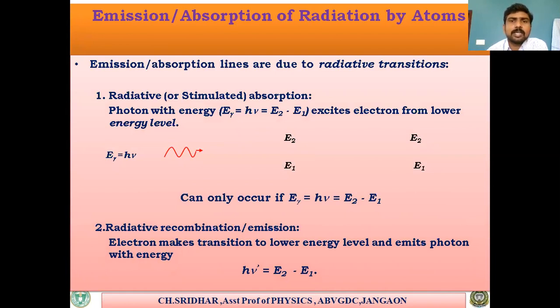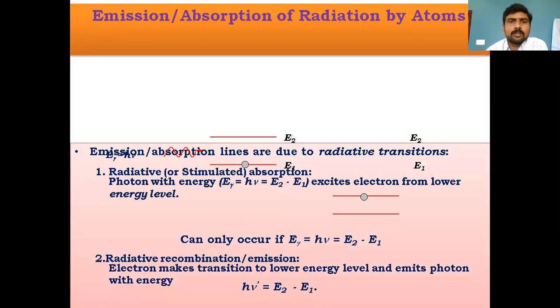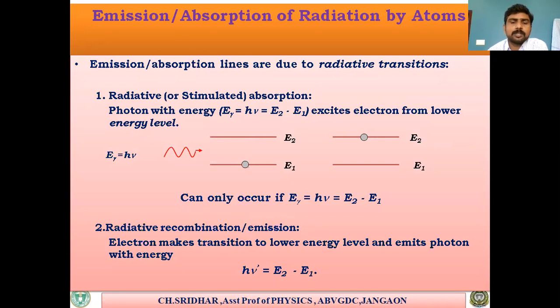A photon with energy excites an electron from a lower energy level to a higher energy level, and this is called absorption. When absorption takes place, the electron moves from the lower energy state to the higher energy state.